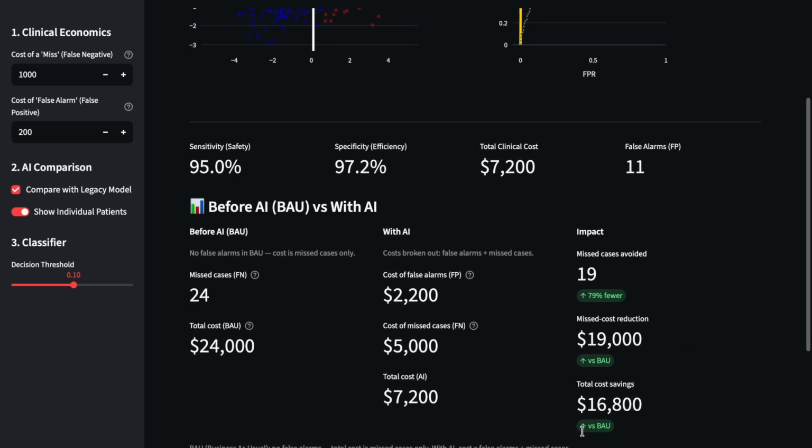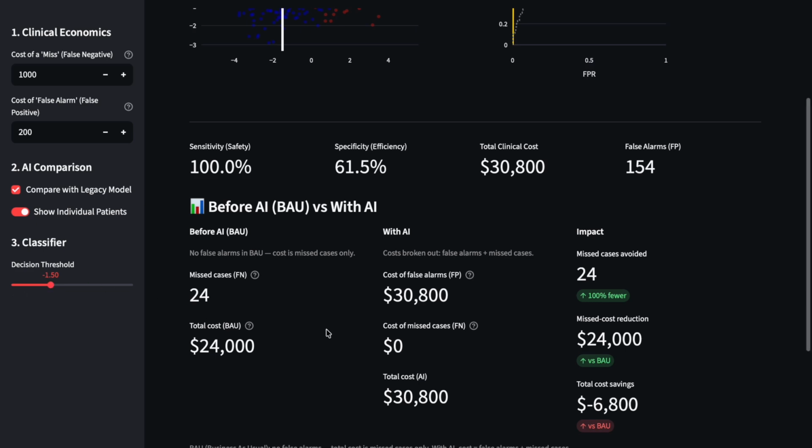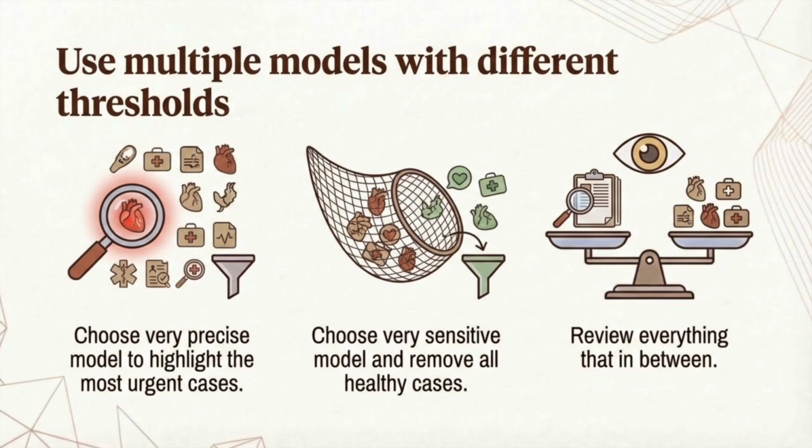We just calculate false alarm and false negative results, and calculate which threshold is better for us. So do we need to reduce sensitivity or reduce specificity? That's how it works.